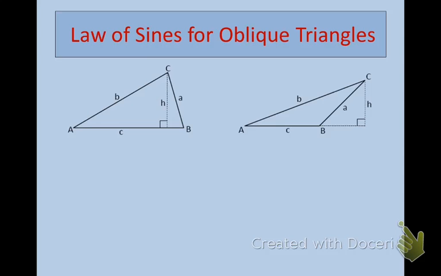Let's say I wanted to come up with a relationship for the sine of angle A. Take a look at this picture. I have to use the right triangle. What is the opposite side of A when you're looking at the right triangle? Is it H or A? H. I have to look at the right triangle, so I focus my efforts only on the right.